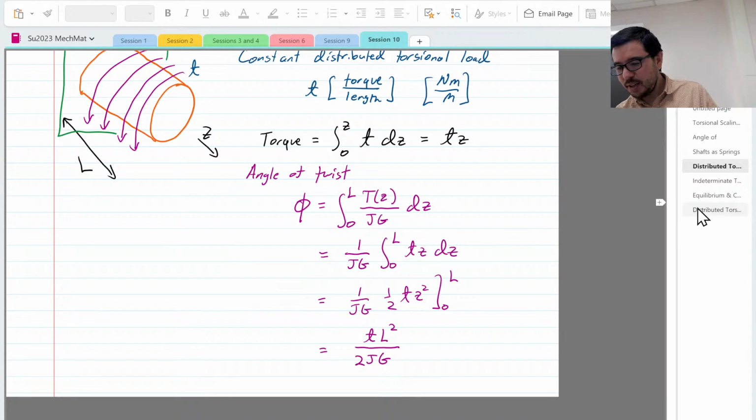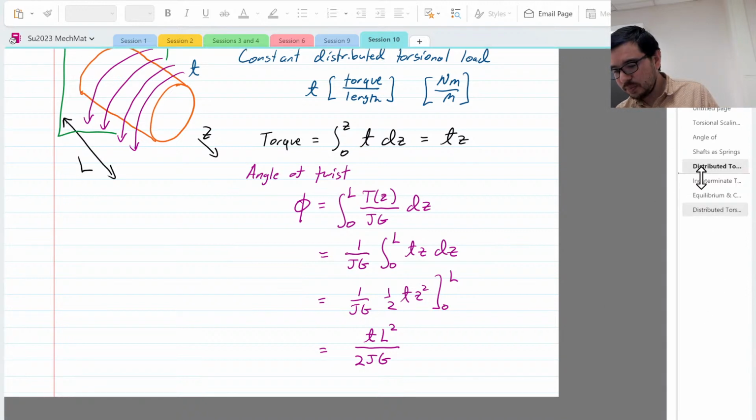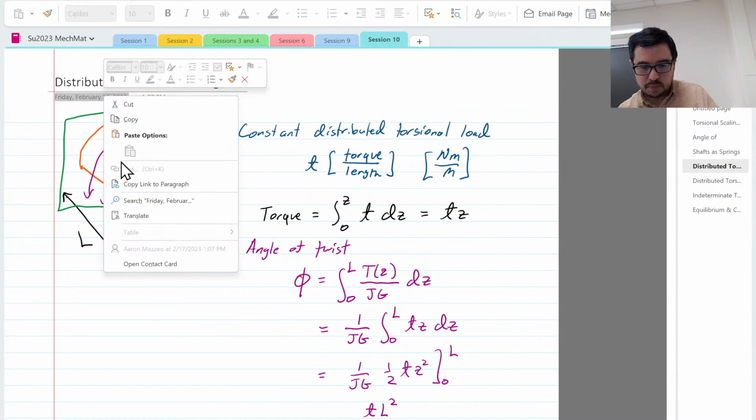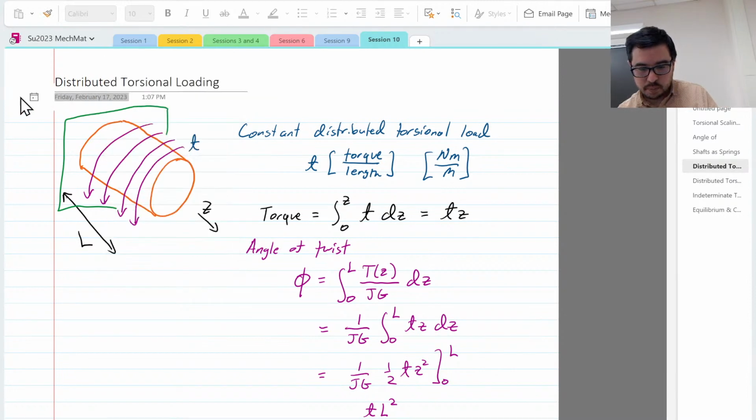It's tough to keep them all straight, right? You just gotta do it out. It's omega L, that's omega squared.